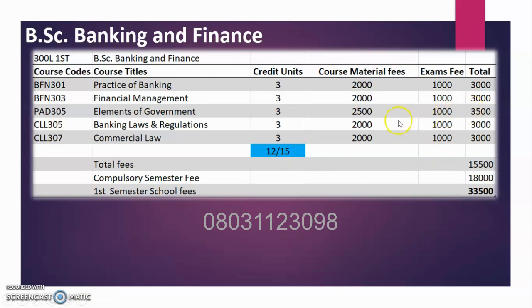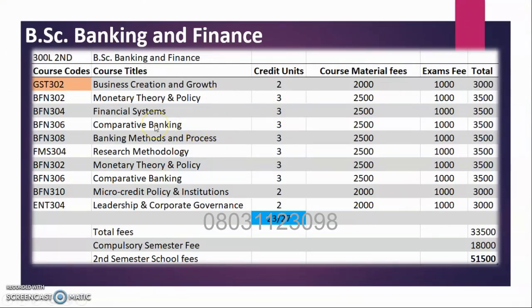Then your fees, oh no, the same mistake here. They are supposed to be 2,500 each, so 4 courses are short by 500 each, which is 2,000. You will add 2,000 to this 33,500, making it 35,500 as your fee for 300 level first semester.